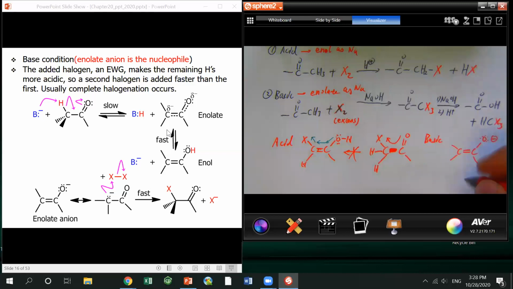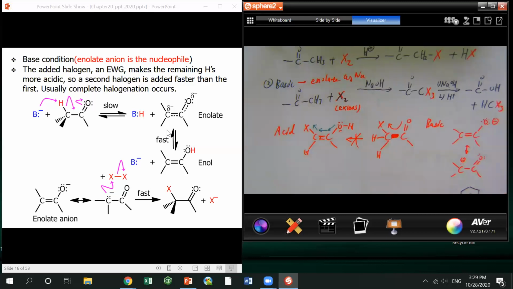You can draw the enolate in two forms; it doesn't matter, these two are resonance structures, and both can be called enolate.